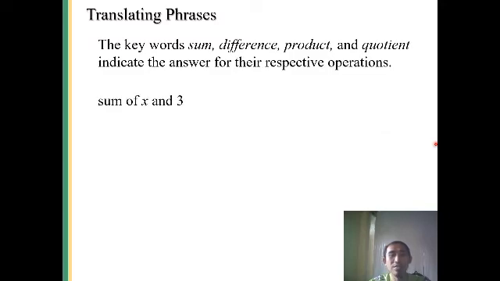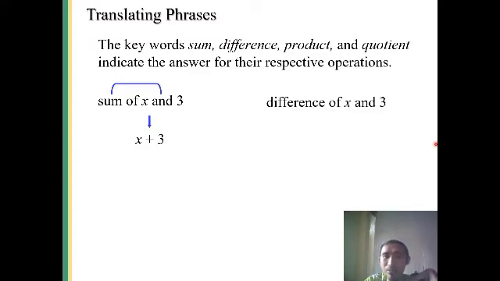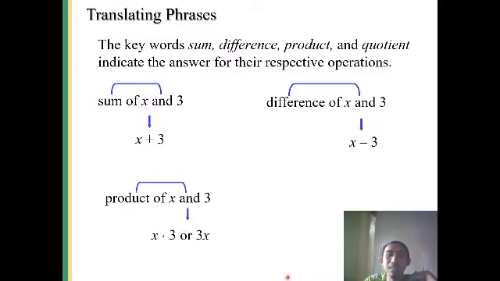Of course, sum of x and 3. What is our answer? We have sum of x, so x plus 3. How about this? Difference of x and 3. Of course, the operation is difference, so x minus 3. The product of x and 3, of course, x times 3 or 3x.